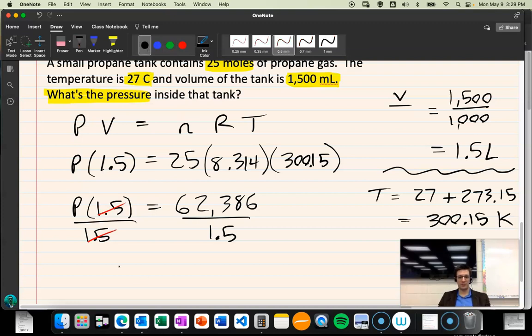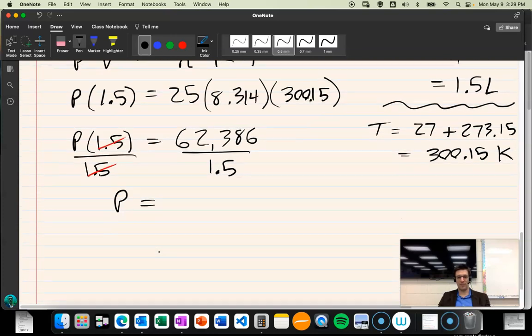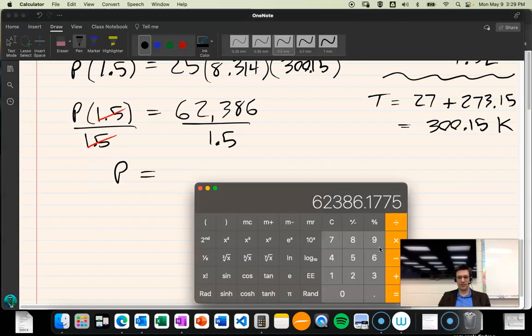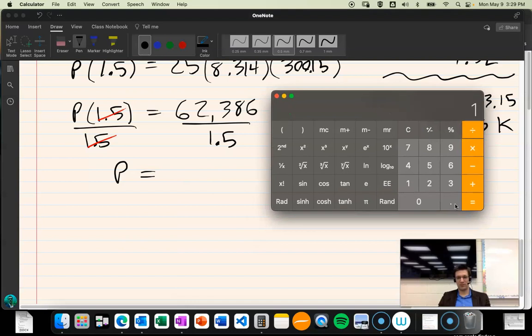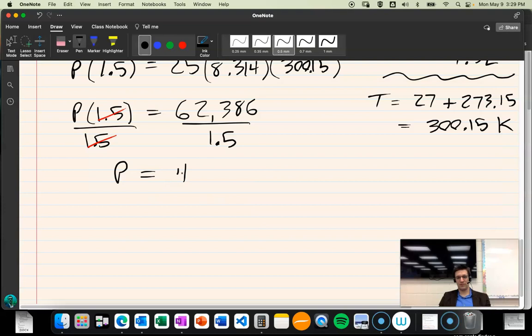And now P is going to be alone. P equals, that's exactly what I'm trying to figure out. Grab my trusty calculator. I still got that number in there, so I can just hit divided by 1.5. 41,591. I had to round up because of the 0.7. Kilopascals.